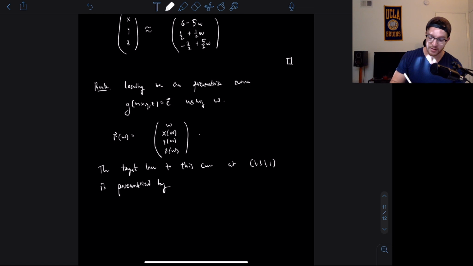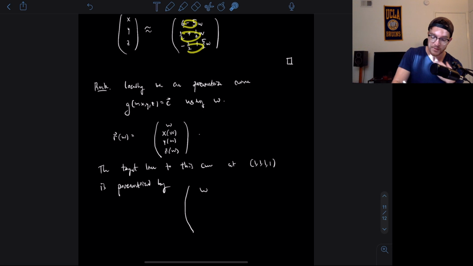So the tangent line is parameterized by, I'll be a little lazy and say, w is w, and then here are x, y, and z.